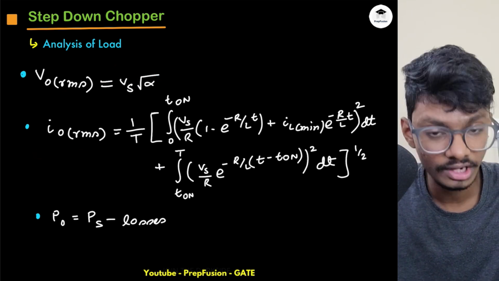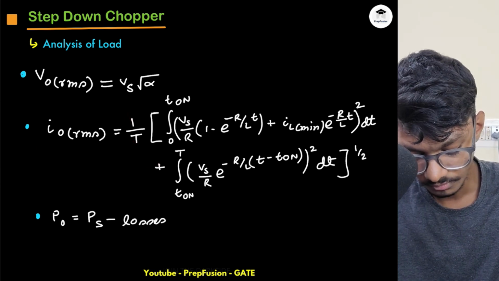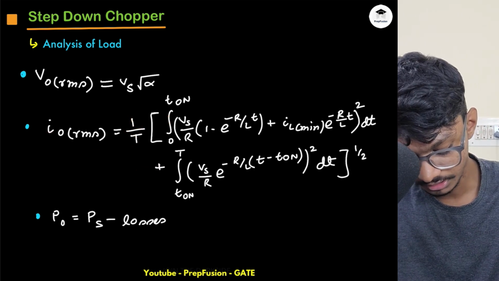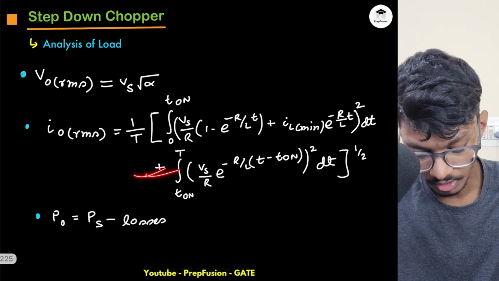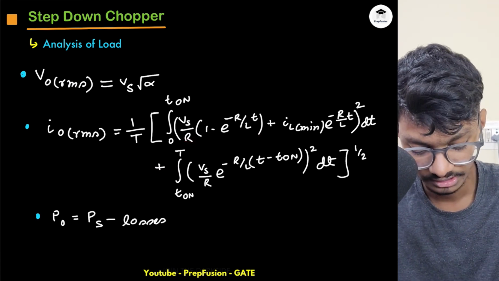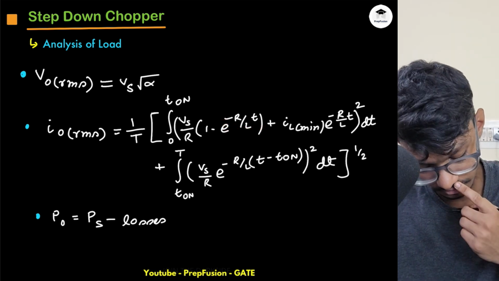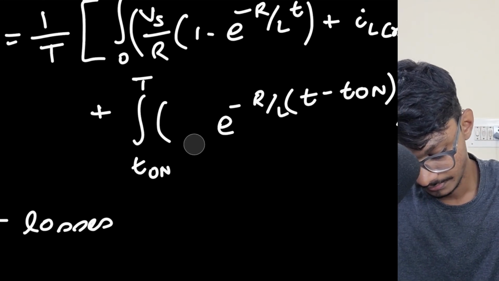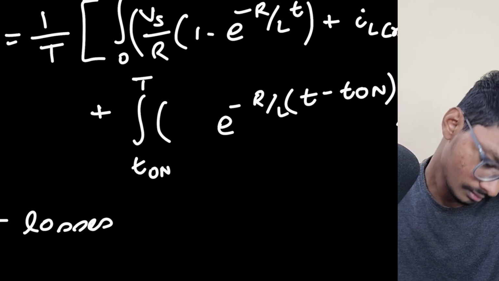Your IO RMS will be what? 1 by T and this. You can compute IO RMS like this, or you can use a formula. I will tell you what formula, because now I cannot use the formula since the graph is not linear, and it is very difficult to compute all this. This should not be Vs by R. I have done something wrong. This should be IO maximum, up to T equals T on.